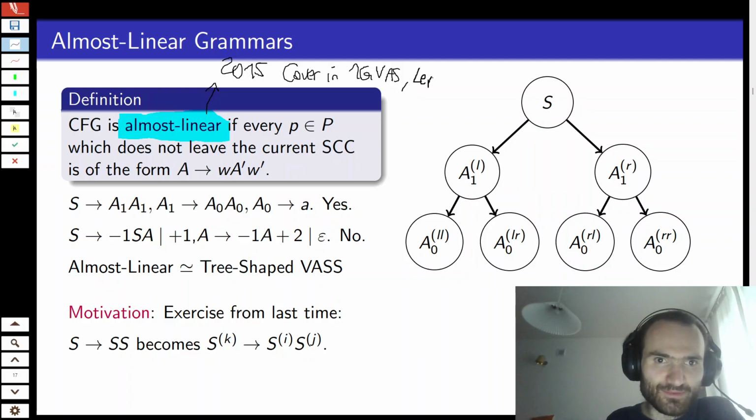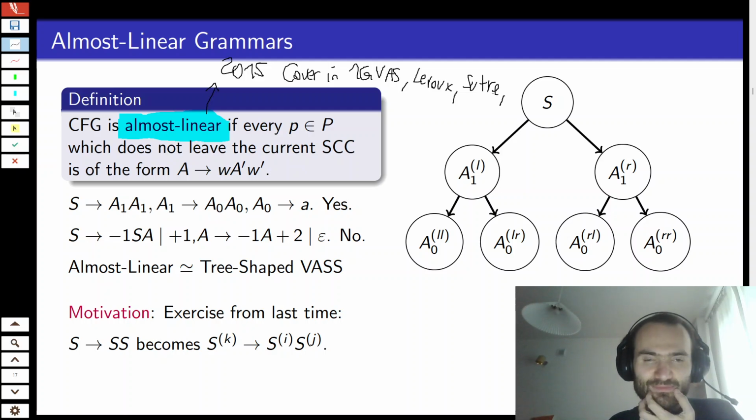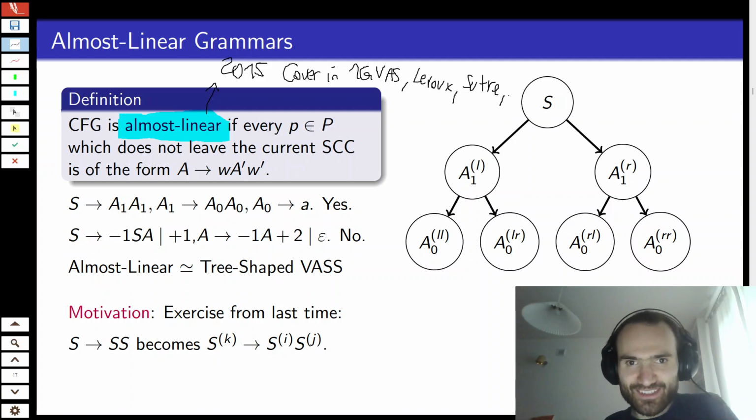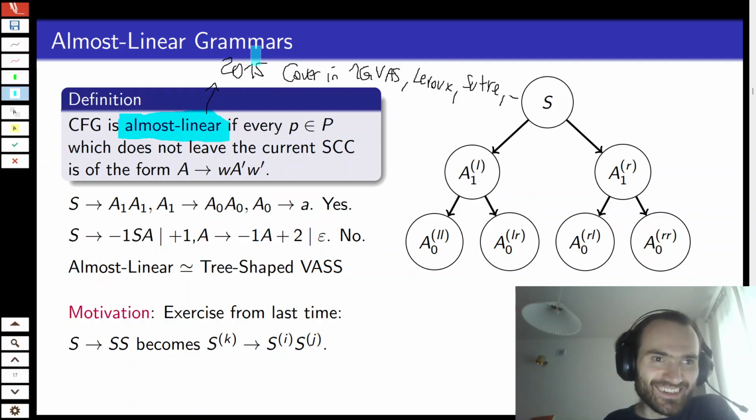I know that Leroux was one of the authors. I think Sutre was another one. Good question whether there were any more. Well, you can check it. It's called coverability in one-dimensional pushdown vector addition systems, or GVAS. Anyways, you can find it, and they define this concept, but that's not actually the motivation.